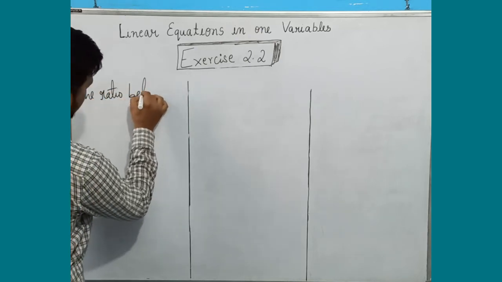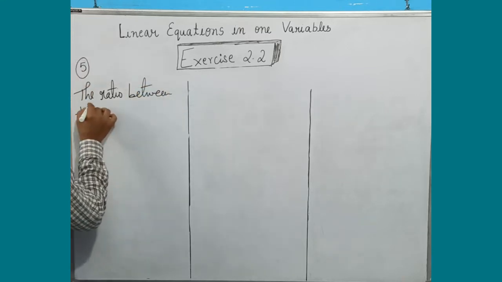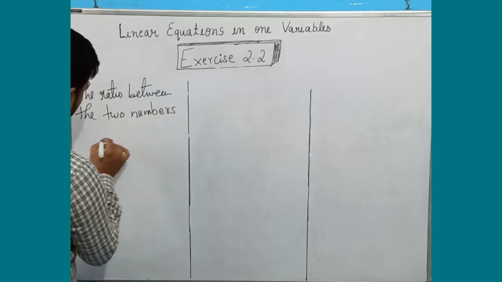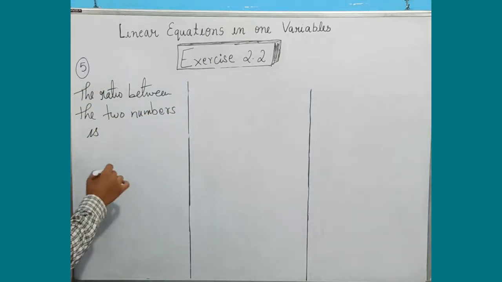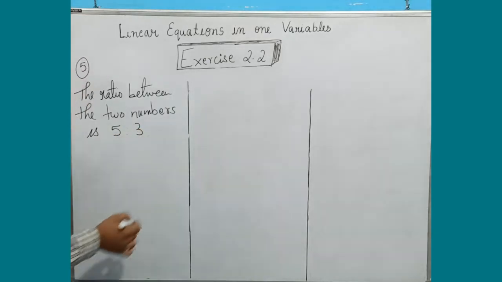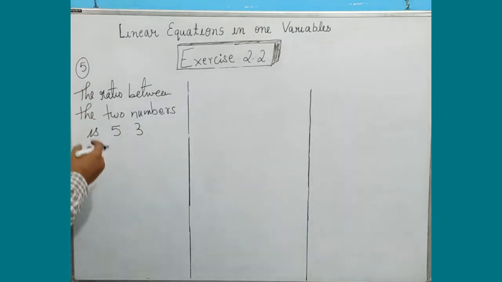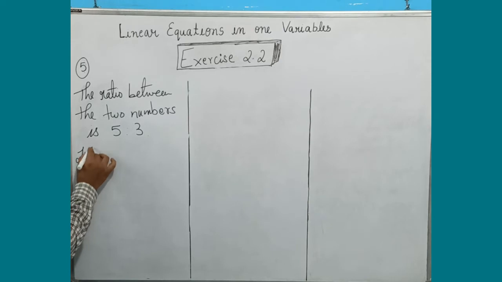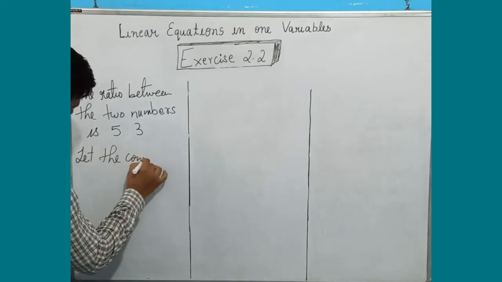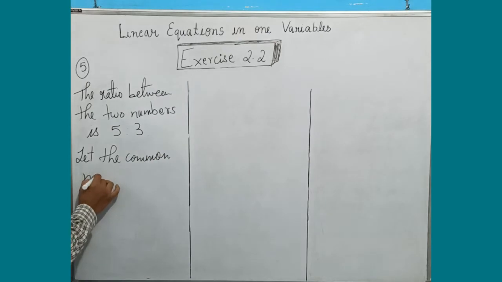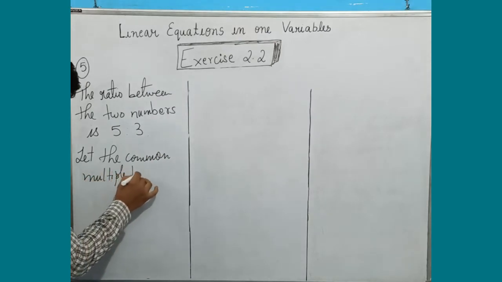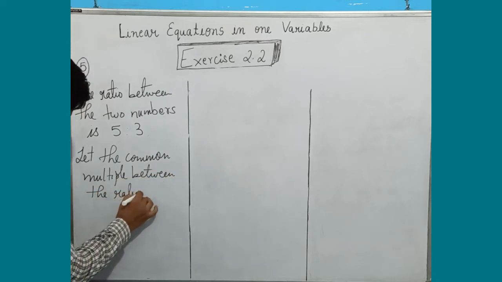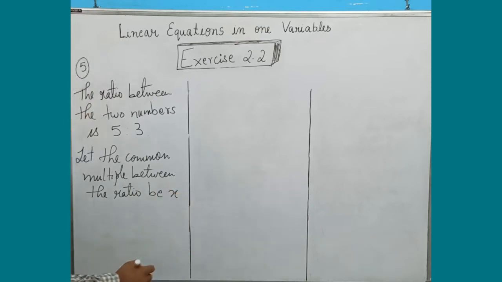between the two numbers, which is 5:3. So what are we going to assume? We are going to assume that the common multiple between the ratio be x.